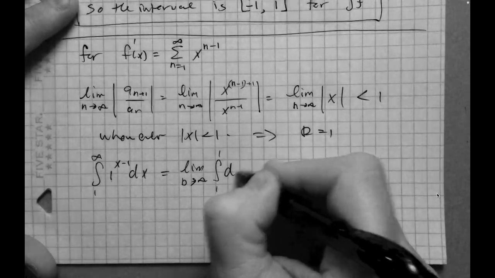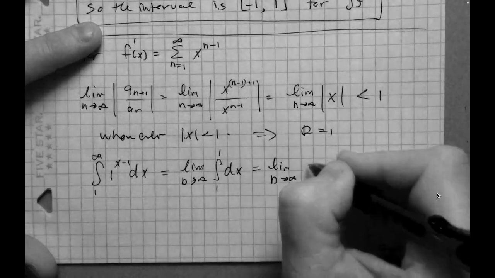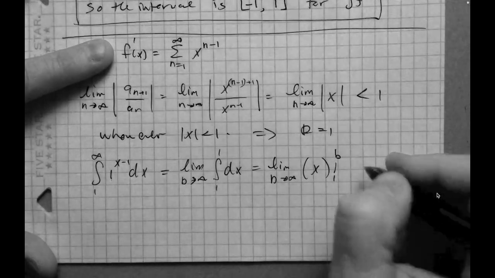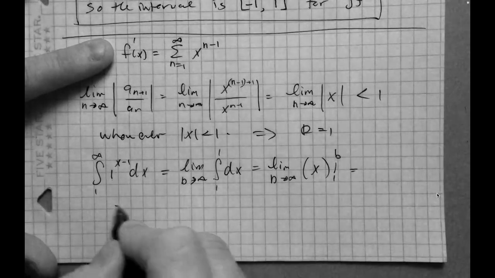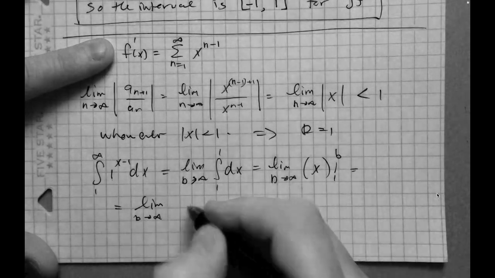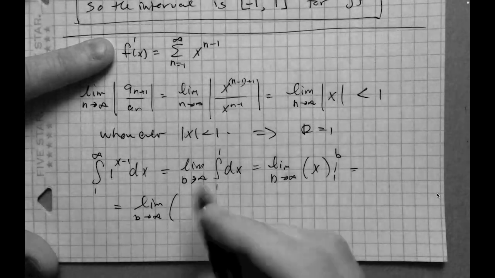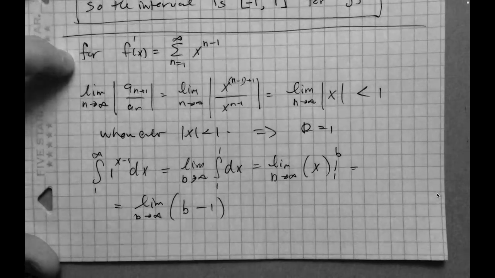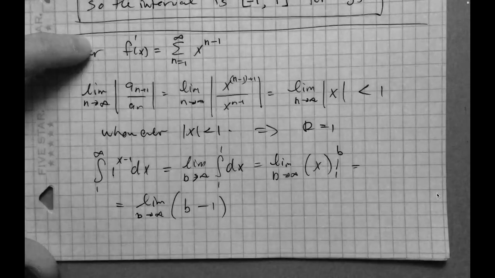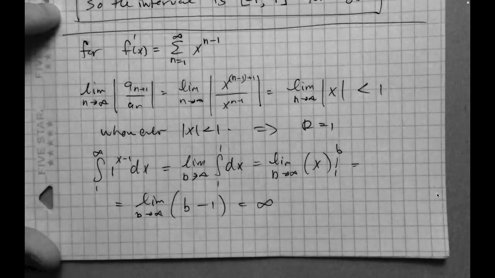So it's really just dx. And so that's the limit as b goes to infinity of x from 1 up to b. Plugging in the integration limits, it'll be b minus 1, won't it? Now what happens here? Well, as b grows without bound, this becomes an increasingly large number, minus 1, so this is infinite.